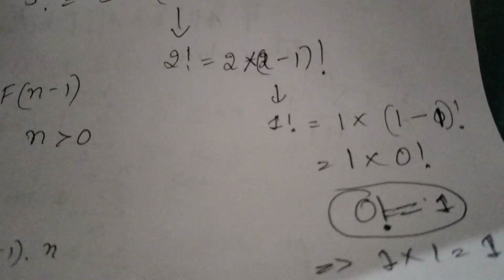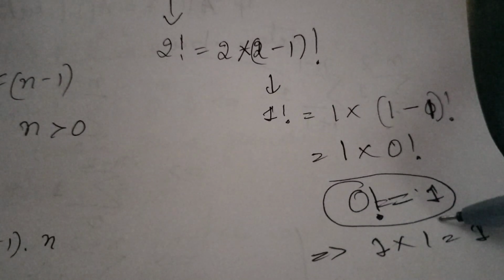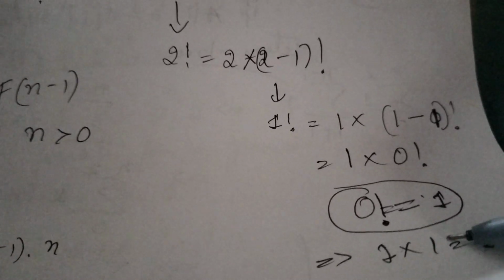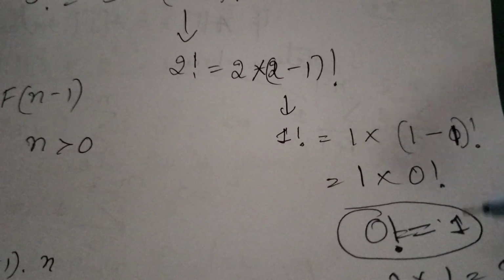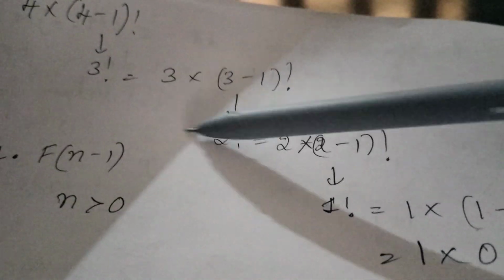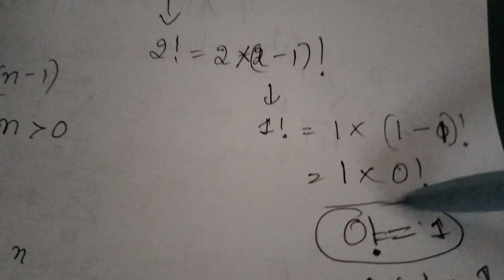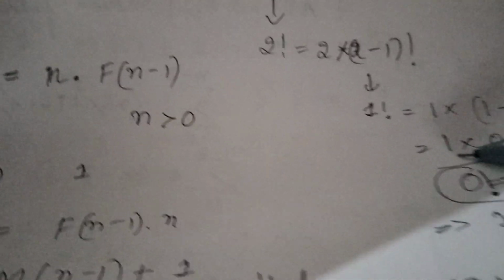When they arrive at the base condition. Here, the base condition is that whenever we reach 0 factorial, it should be equated to 1 and stop the iteration. That's what it says. So these are the general cases, and this one is the base case. Now, how can we write the function for this?